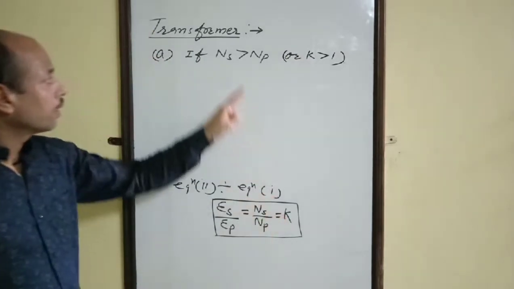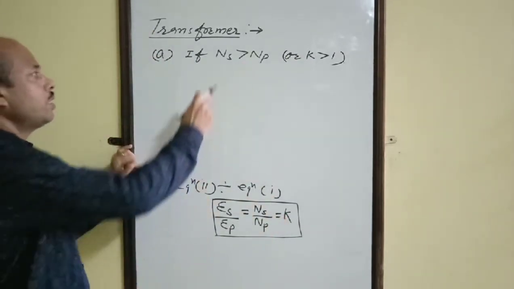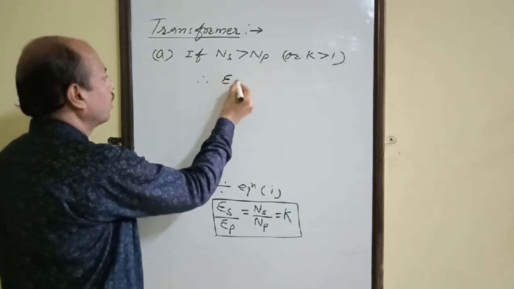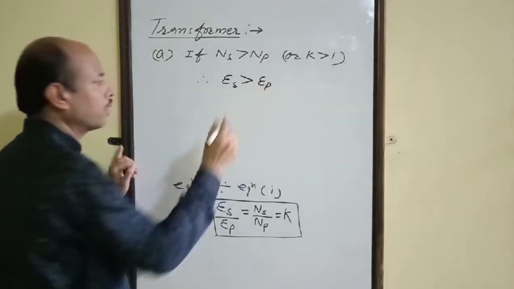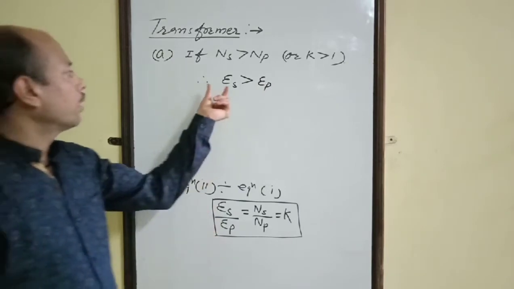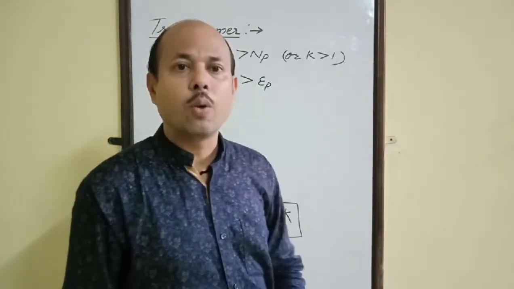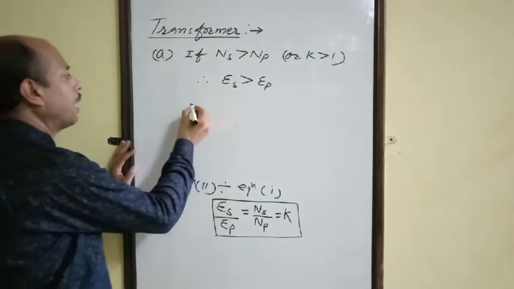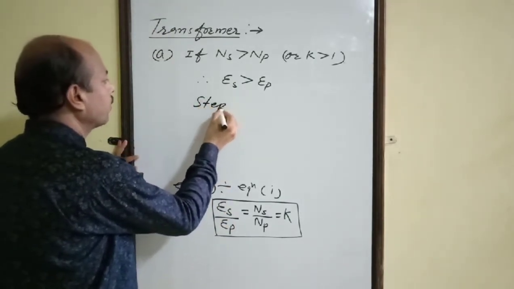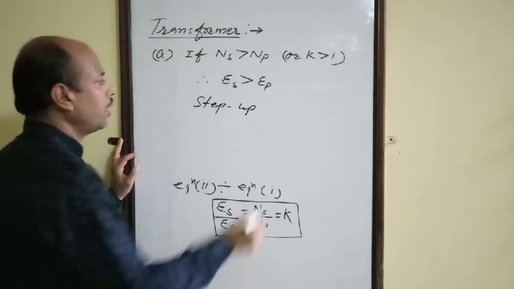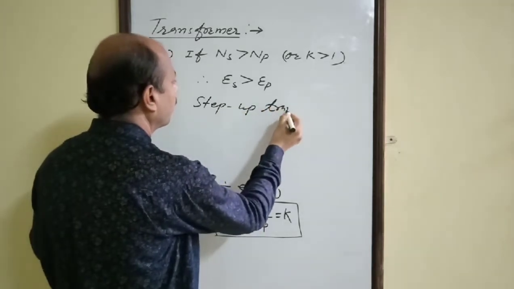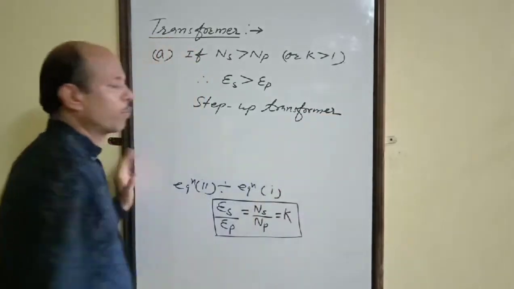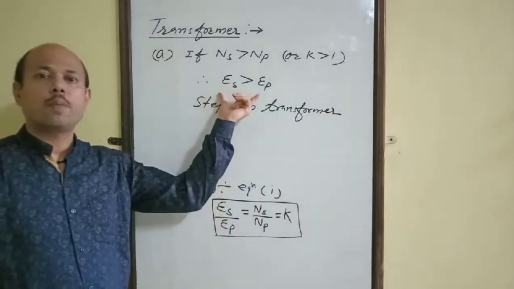Since NS is greater than NP, ES will be greater than EP. It means the EMF of the secondary coil will be more than the primary coil, and such a transformer is known as a step up transformer.